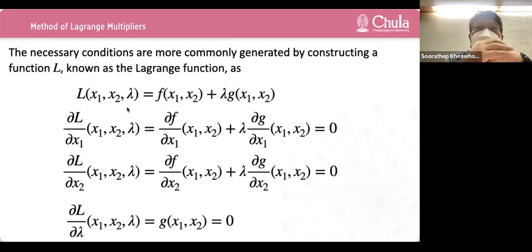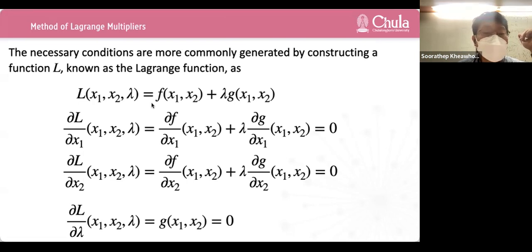So if we start from optimization of f, where f is our objective function, and we have one constraint, which is g, we can write the Lagrange function L. Now the Lagrange function is a function of x1, x2, of course the original decision variables, and lambda, which is the Lagrange multiplier.